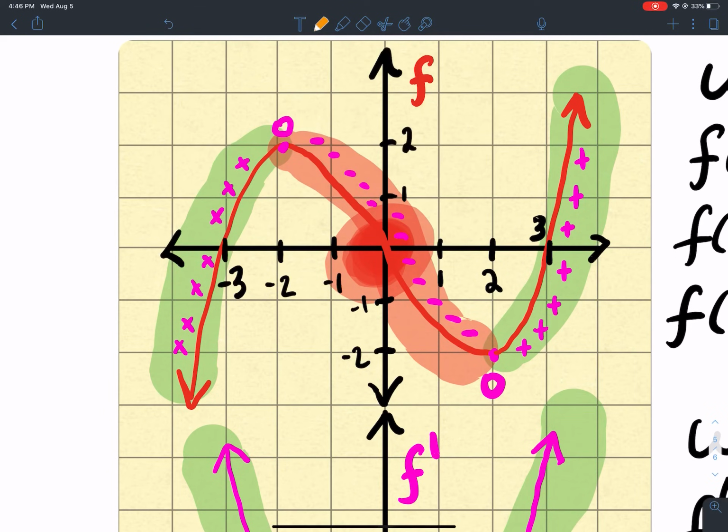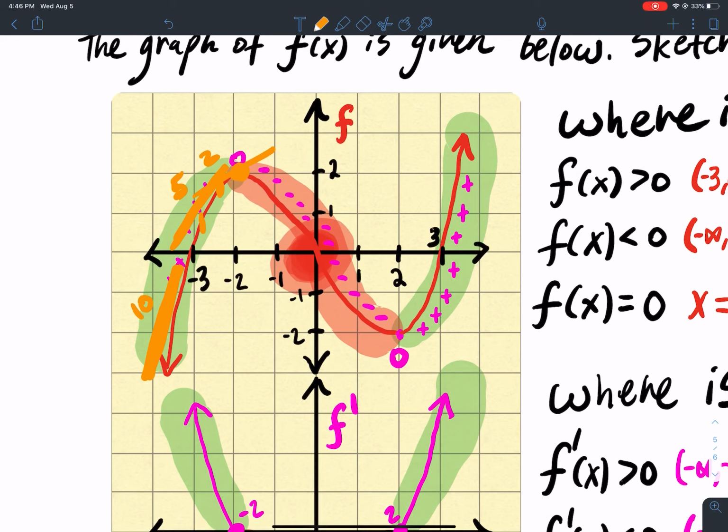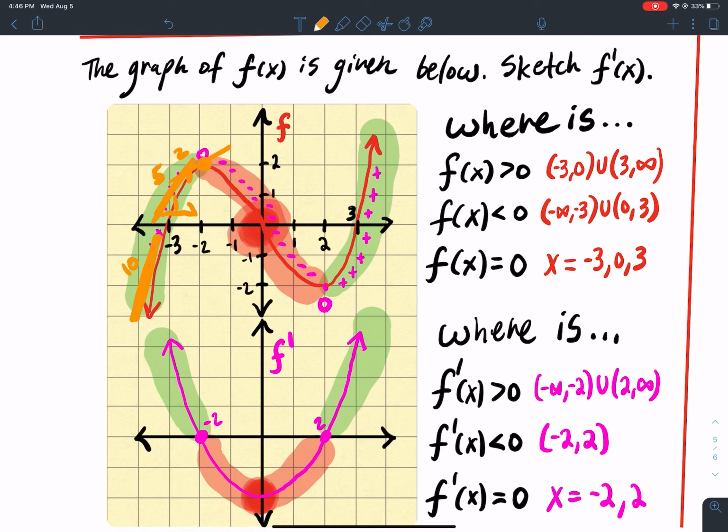If we think about it for a moment, here that slope is like a positive 10. Here, that slope is like a positive 5. Here, the slope is like a positive 2. As we get closer and closer to this x value, my slope goes from 10 to 5 to 2, and all the way down to 0 when I get the horizontal line there.